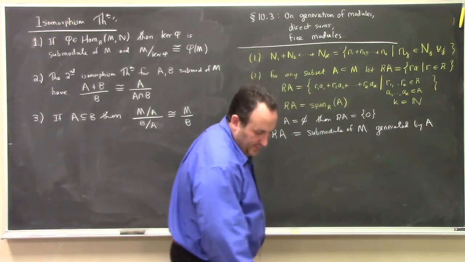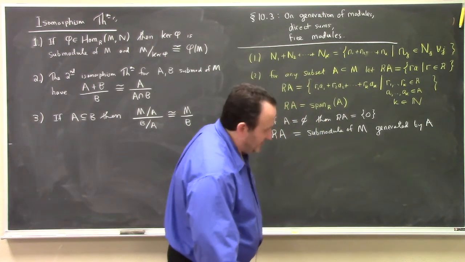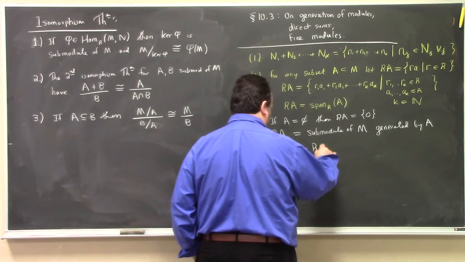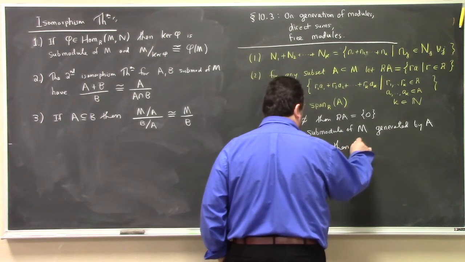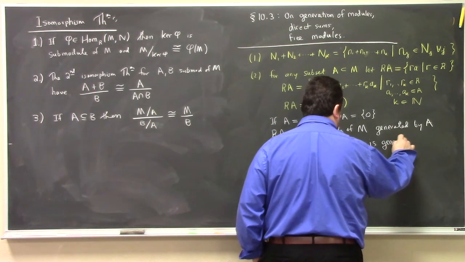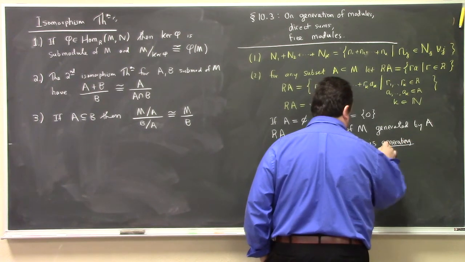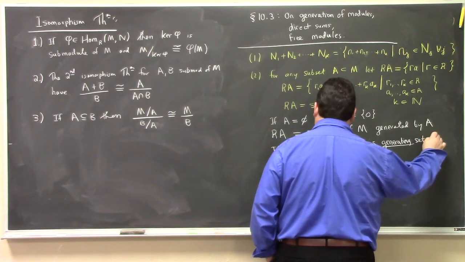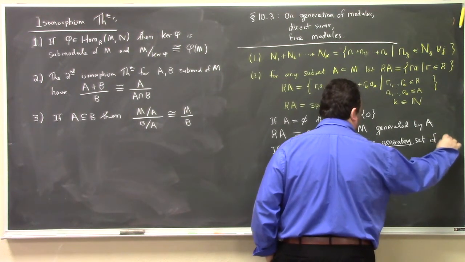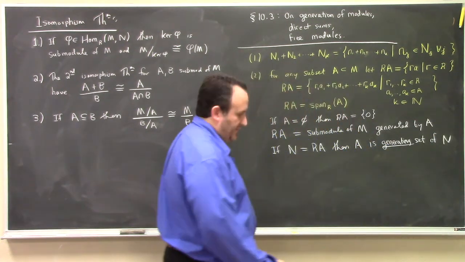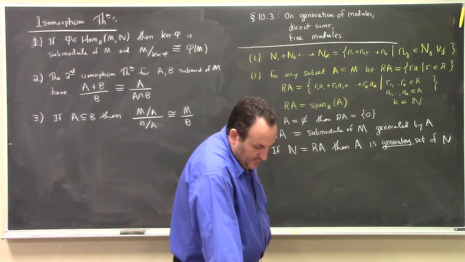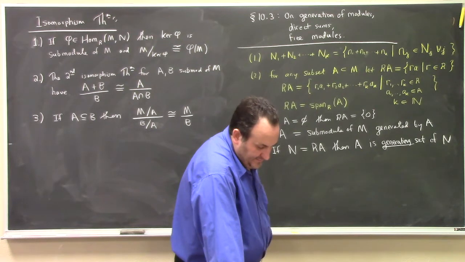You might also not be surprised when I tell you if N is equal to RA, then A is a generating set for N. Or you could say A is a set of generators, right?